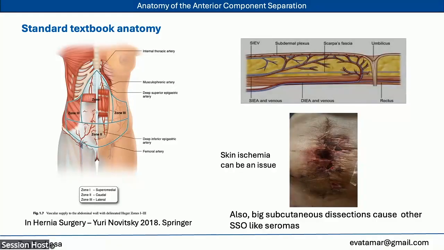The big problem with anterior component separation is actually the irrigation of the skin, because you have the 3 zones of Huger. If you cut the umbilical perforators, which depend on the epigastric system and a part of the circumflex and superficial epigastric that come from the femoral vessels, you can have skin ischemia.